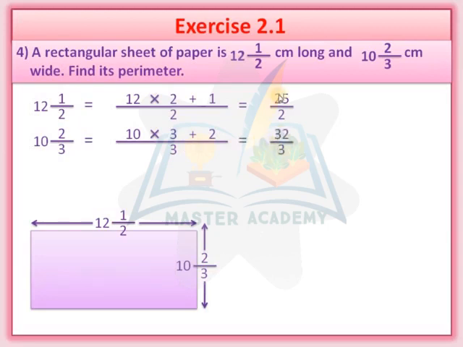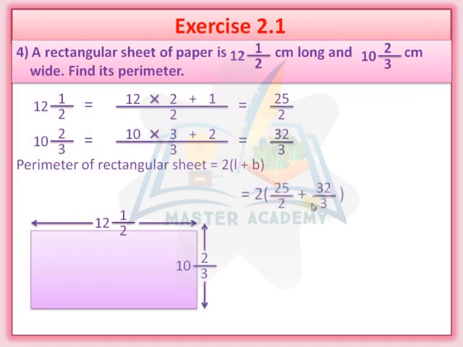Okay, now after converting into simple fractions, we will apply the formula to find the perimeter, which is equal to 2 into (L plus B). This is the formula, right? So perimeter of the rectangular sheet is equal to 2 into (L plus B), 2 into (25/2 plus 32/3).